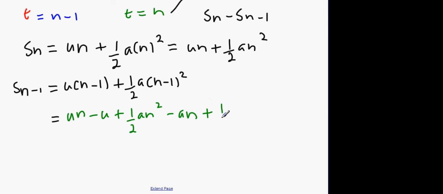Now, we might save ourselves a bit of time by not writing them out twice. I'm going to take S of n minus S of n minus 1. To save myself time in the test, I'm just going to come down here and put in minuses: minus, plus, minus, plus, minus.